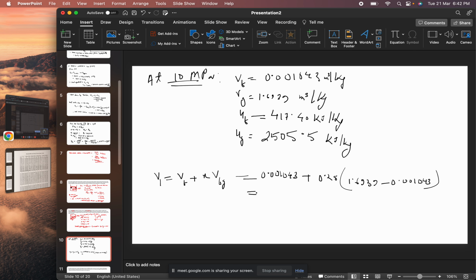You will get this as 0.42428 meter cube per kg.